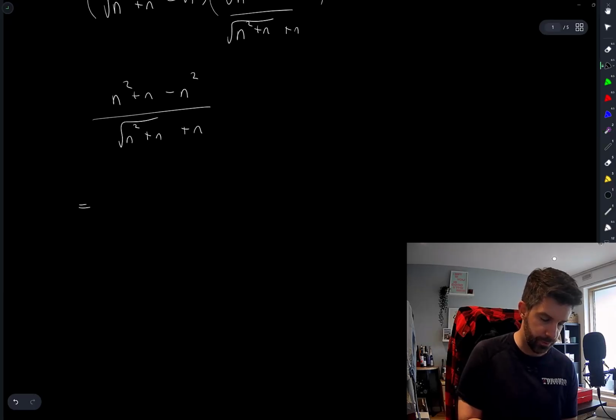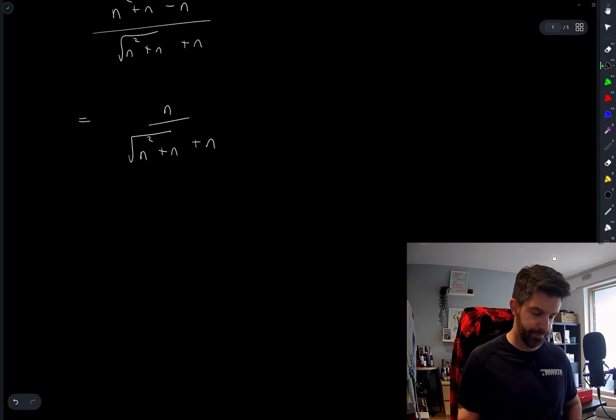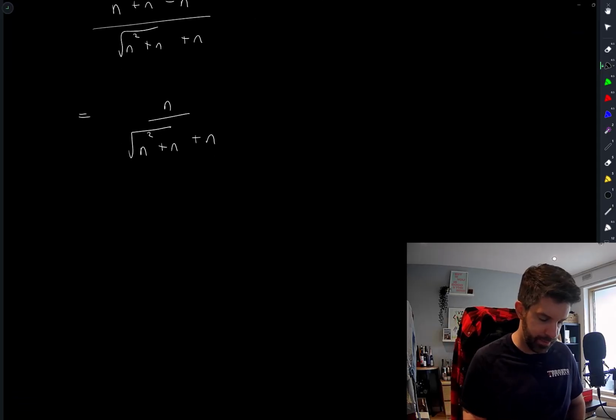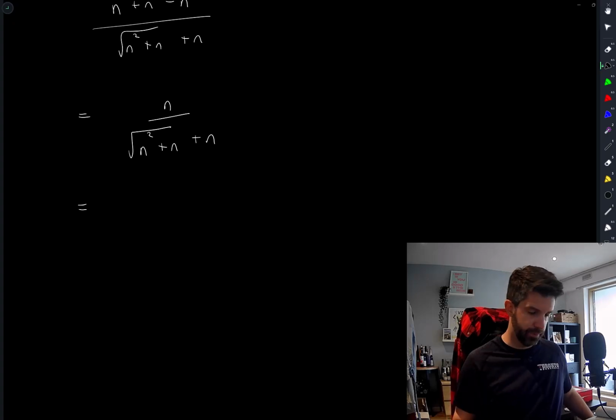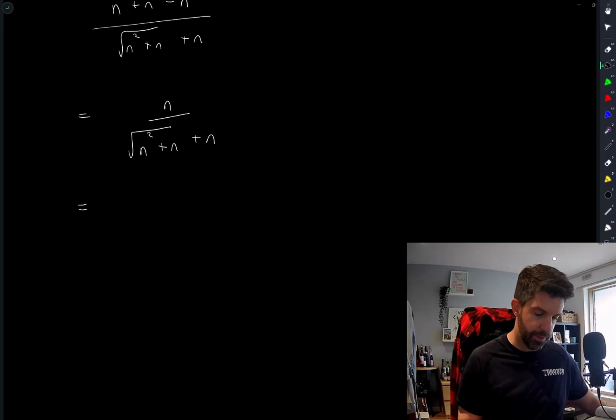This is equal to n divided by the square root of n squared plus n, plus n. And maybe now I can factor something out from the denominator.